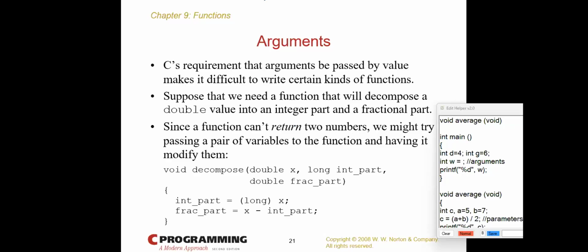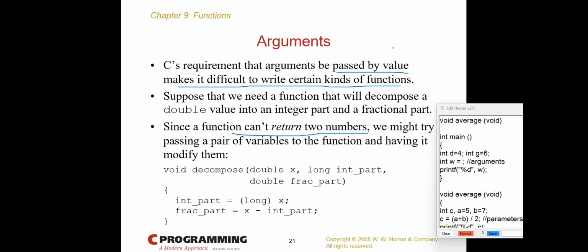Now, I think we can see a disadvantage. C's requirement that arguments be passed by value makes it difficult to write some kinds of functions. Now, remember that we have a policy. In C, a function cannot return two values. It can only return one thing. Which means whenever you have a function that modifies two variables, we cannot return the two.